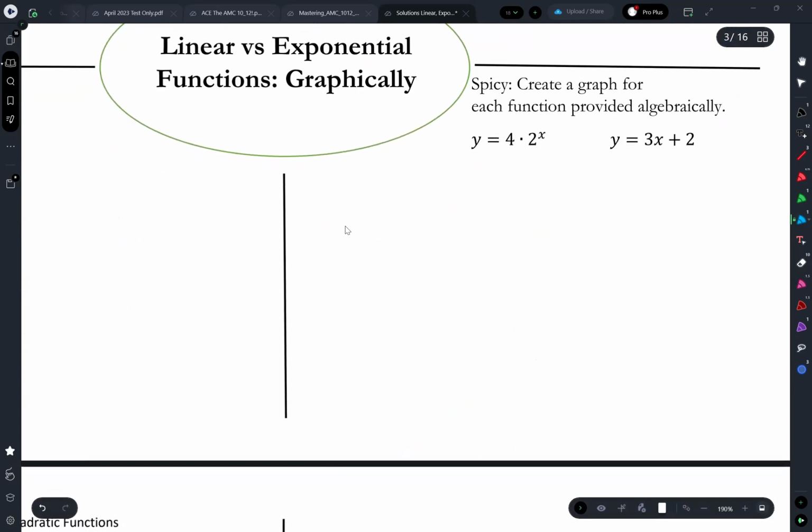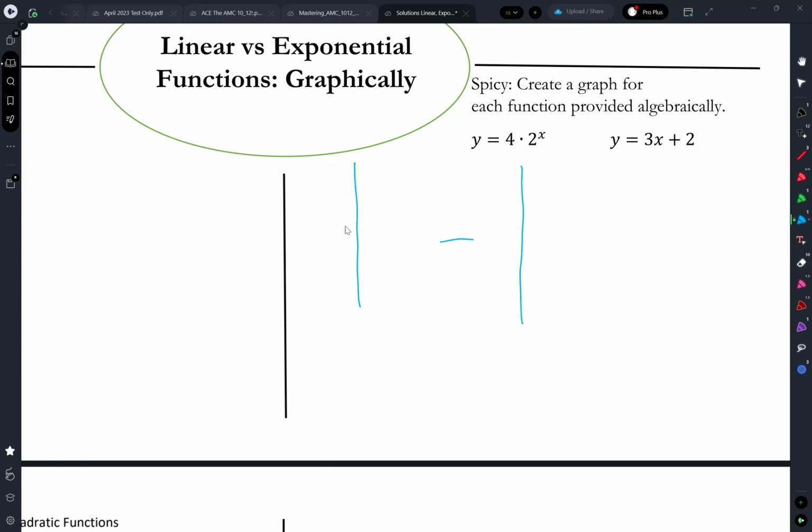If I'm trying to create a graph, personally, I'm always going to make a table to help me get there. Now, I will say, some of us may be very adept with this function and just be comfortable saying, hey, there's a y-intercept of 4. That would be very important to note. And then a constant factor of 2, which again, I would use in a table.